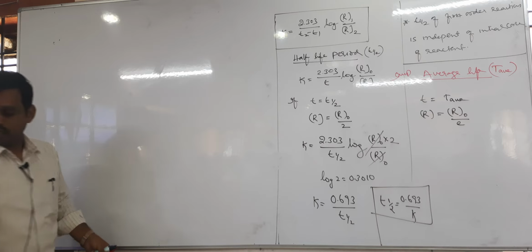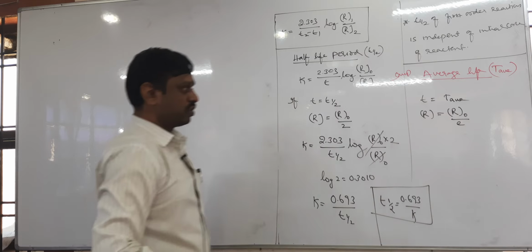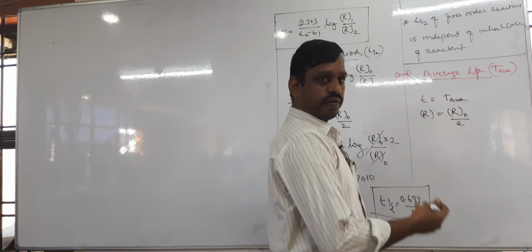That is, T equals T average, R equals R naught by E. Yes or no?